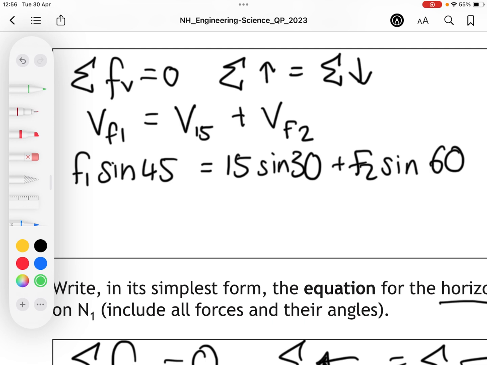So I would rewrite this as F1 times sine 45, and sine 45 is 1 over root 2. So F1 over root 2 is equal to, sine 30 is a half, so that's going to be 15 over 2. And that is going to be added to F2 times sine 60, and sine 60 is root 3 over 2, so root 3 F2 over 2.